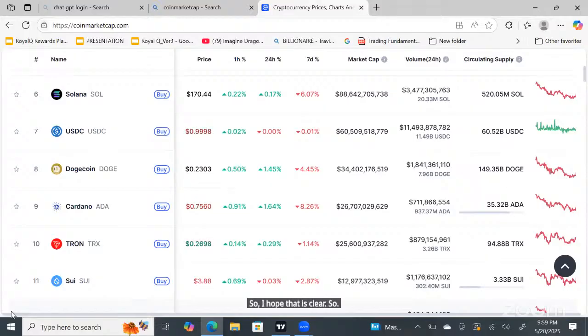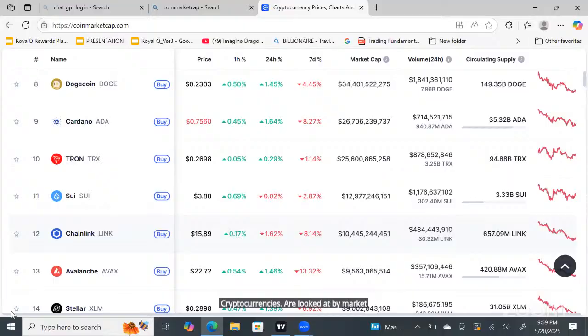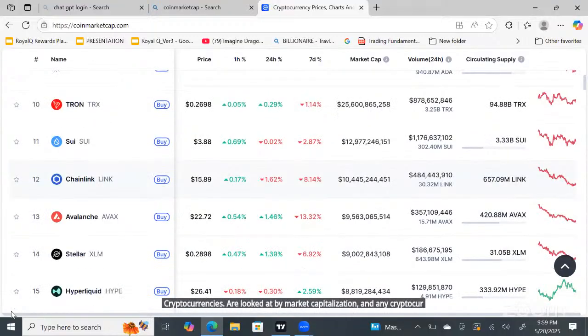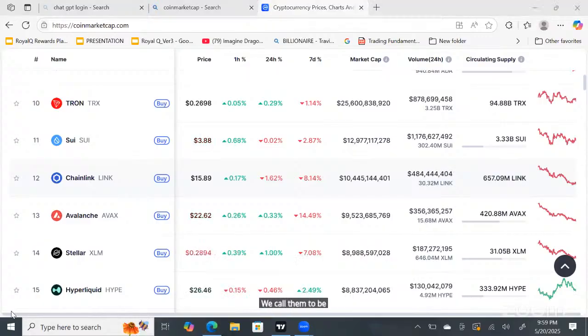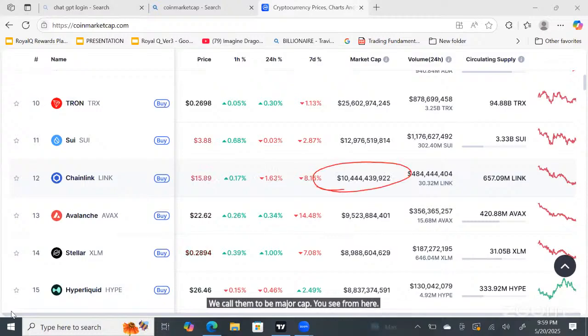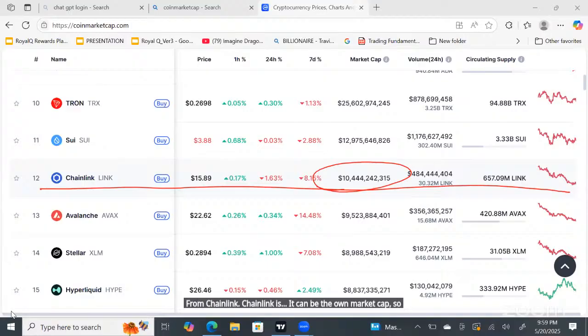So cryptocurrencies are looked at by market capitalization. Any cryptocurrency that is 10 billion and above, we call major cap. You see from here, from Chainlink. Chainlink is a 10 billion market cap. So we can draw a line here. All those above are 10 billion and above.